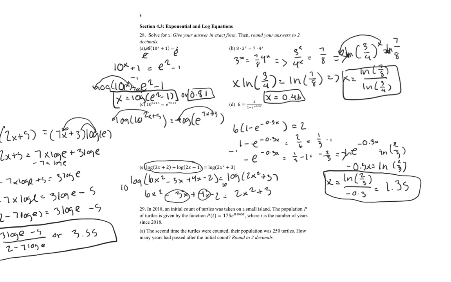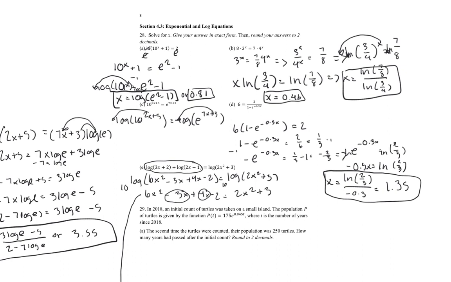So then we'll have 6x squared plus x minus 2 is equal to 2x squared plus 3. And then we can subtract 2x squared on both sides, right? So then we'll have 4x squared plus x minus 2 is equal to 3. And then we can subtract 3 on both sides. So then we'll have 4x squared plus x minus 5 is equal to 0.